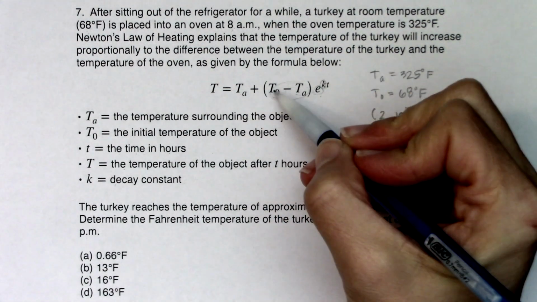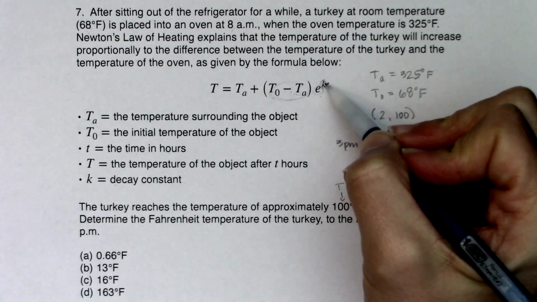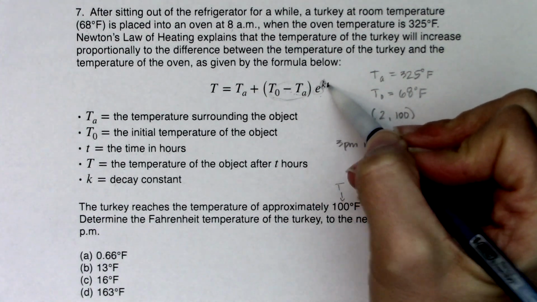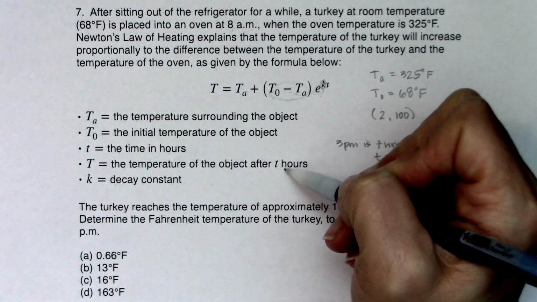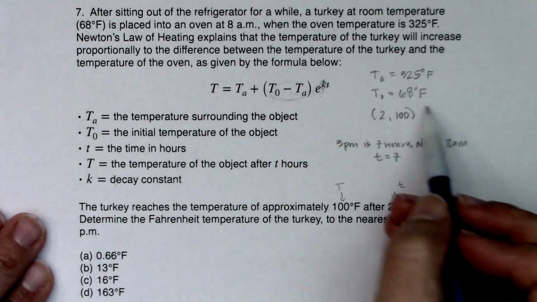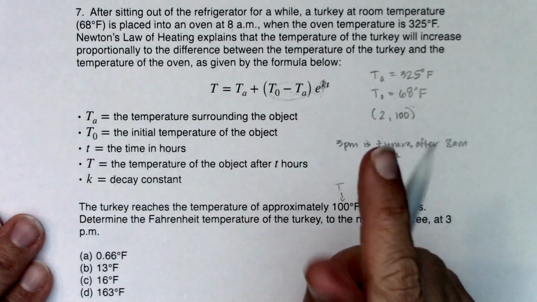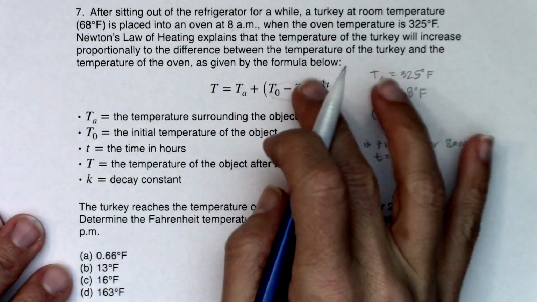So I know this number, I'm going to subtract these two numbers, I'm going to find k in a moment, and then eventually I'm going to plug in t equaling 7, and I'll find out the temperature of the object after 7 hours. All right, but let's use this ordered pair and start plugging away at all of these variables.